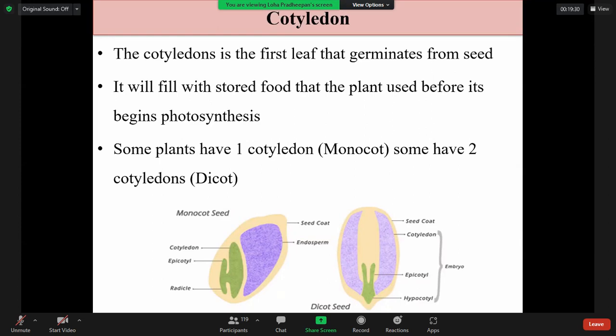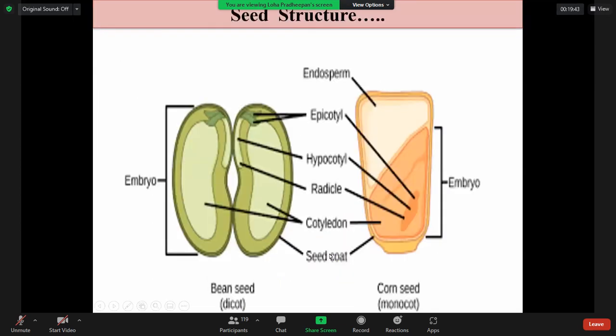So here we have one cotyledon in monocot, and two cotyledons in the dicot. This is also another picture, the maize plant and the bean plant. So I have incorporated some pictures.